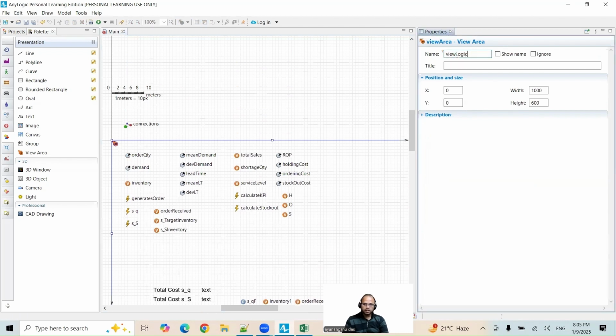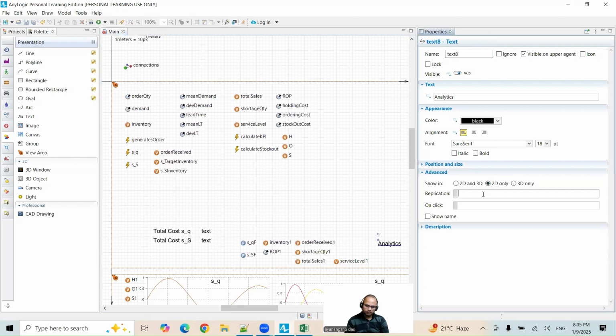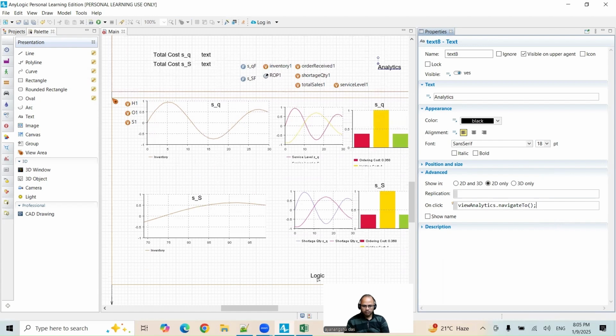And what we do is that while we click on this, we want to navigate to the view analytics dot navigate to. We want it to be defined in the on click. So on click of that text, it will take us to this analytics page, and then similarly we want to see the view logic with the click of that particular button or the text.